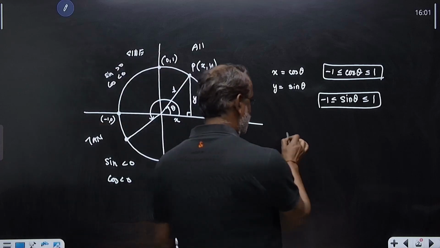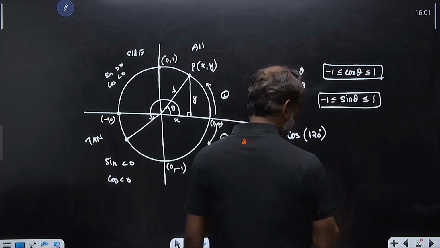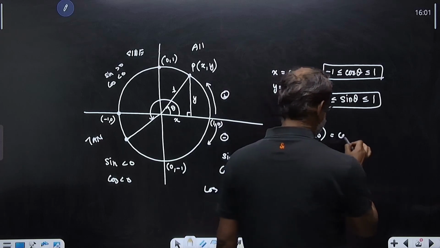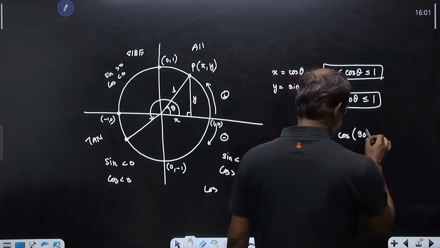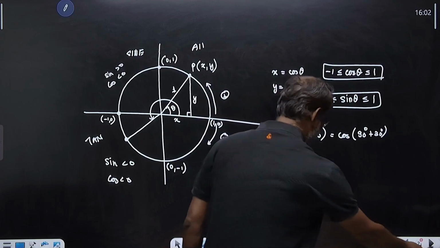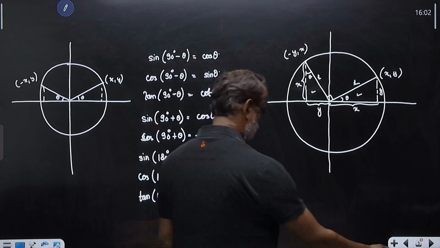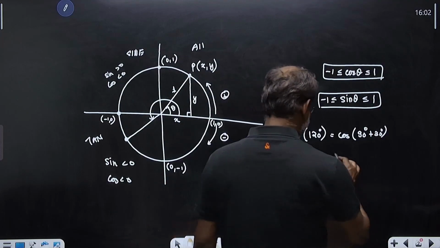So, what we do is, suppose somebody asks you to find cos 120 degree. This is cos of 90 degree plus 30 degree. Okay, what is our formula? Cos 90 plus theta is minus sin theta. So, this is minus sin 30 degree.